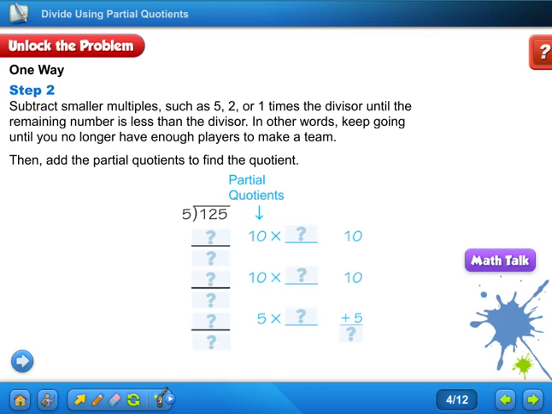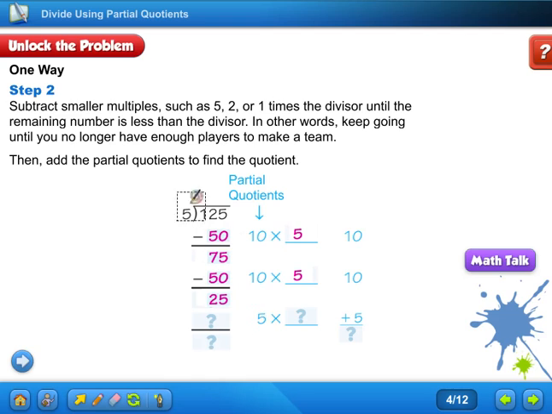All right, and that's just what we did on the other side. We were putting the 5 here. 10 times 5 is 50. Subtract that 50, and you get 75. We're going to take this 5 and put it right here. 10 times 5 is another 50. And you get 75 minus 50, which is another 25.